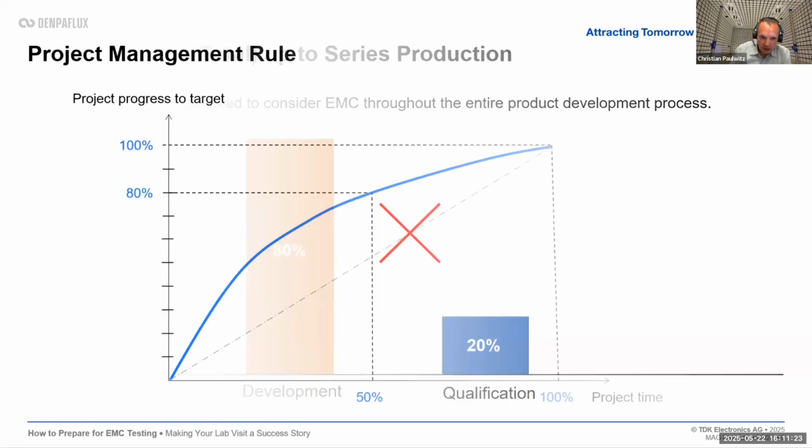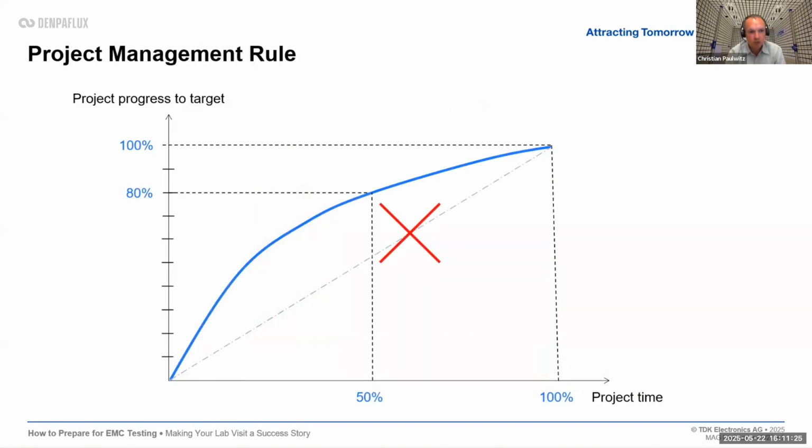And then I would like to remind you of a project management rule, which is valid for any project, independent of EMC at all. You might have the feeling as a human that you have to go a certain way from the beginning over the time to the end, 100%, where you want to fulfill your target and reach your target.